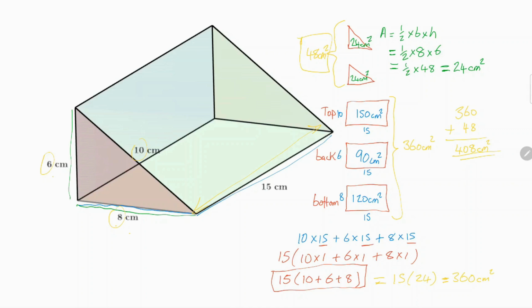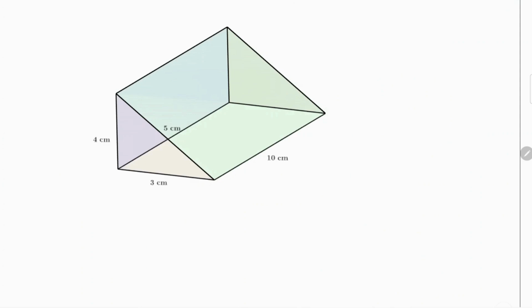Now let's do a question where we're using the shorter method. Okay, so here we have another triangular prism. We're going to use a shorter method. First thing I'm going to do is I'm going to find the area of the triangle. So area equals half times base times height.